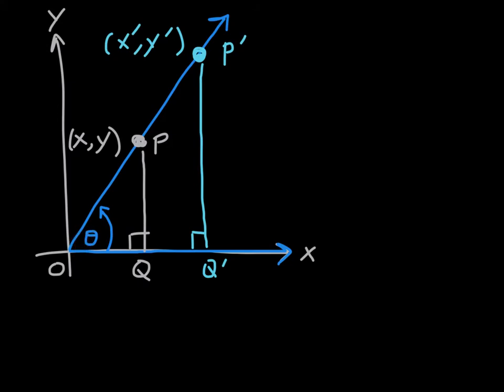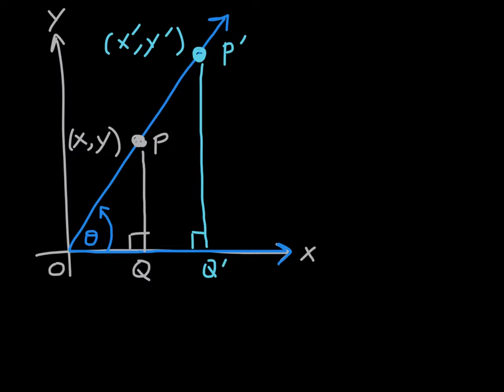That must mean this angle here and this angle here must be the same. So these triangles' angle measures are the same. That makes them similar. Now, they're not congruent because they're obviously not the same size, right? We got a bigger right triangle and a smaller right triangle. So these right triangles are not congruent, but they are similar.